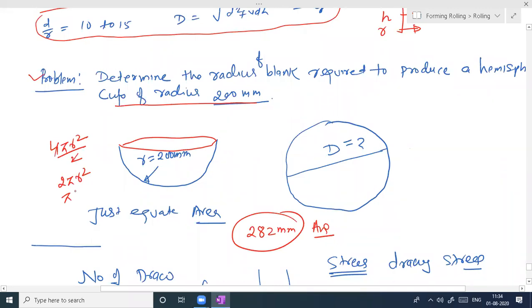So we can write 2 pi r square, and that 2 pi r square is equal to pi by 4 D square. So D you can get as 282 millimeter.